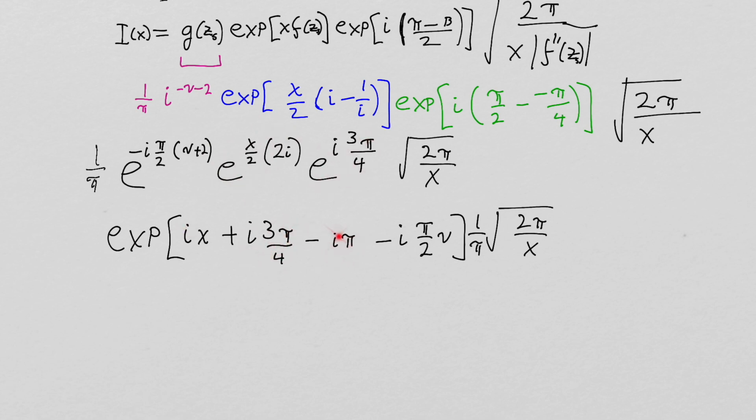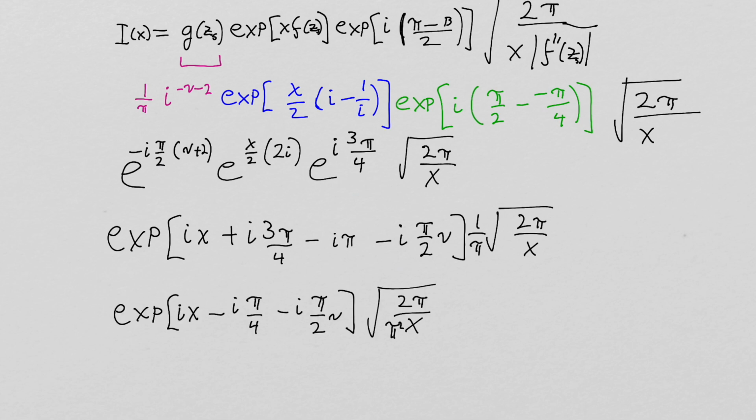The minus i pi comes from this term multiplied by that term, and that becomes that. And then this guy, the i pi over 2 times nu, obviously becomes that guy. And what else is happening? Oh, and then I move the 1 over pi. So this is going to suddenly appear under the radical in a moment, I suspect.